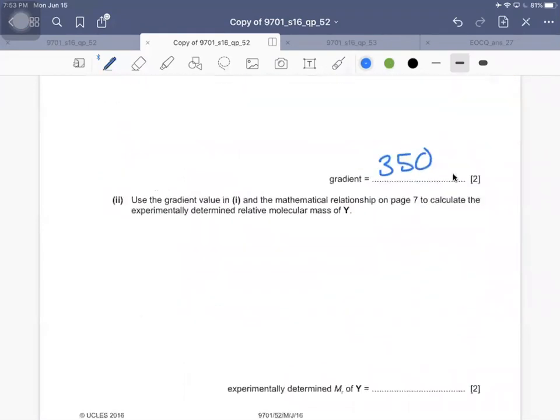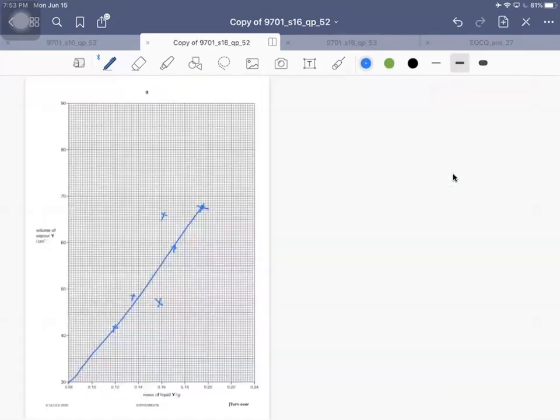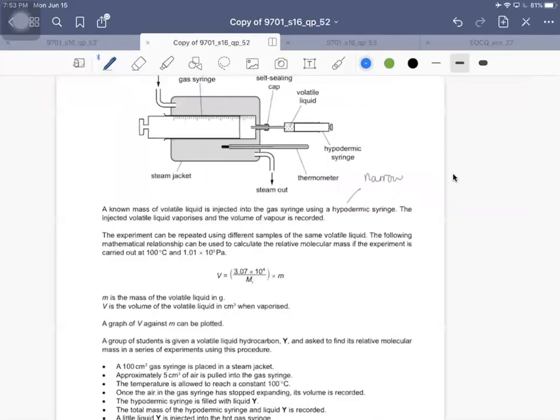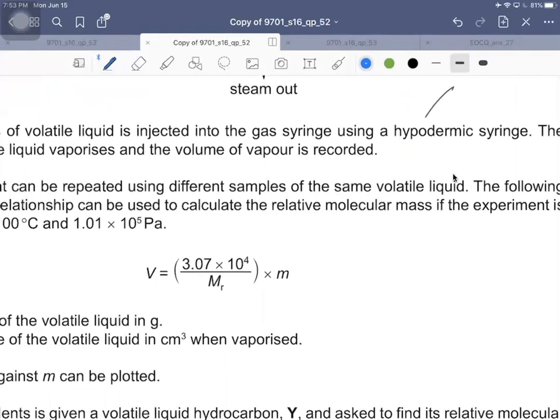Okay, the next part is use the gradient and the mathematical relationship on page 7. So we go back to page 7 and you've got this mathematical relationship. Because you got a straight line, you would imagine that you have y = mx + c. Your gradient m is this expression.